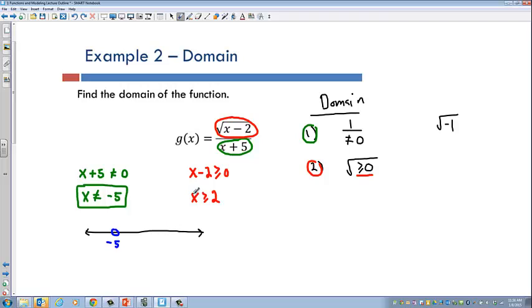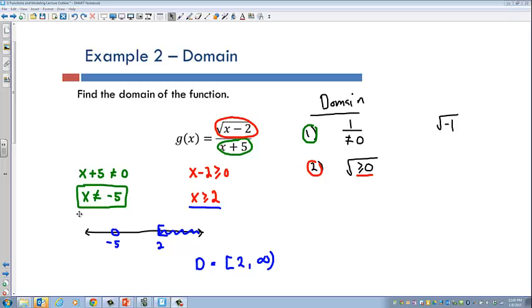And I know that x also has to be bigger than or equal to positive 2. So here's 2, and it's bigger than or equal to, so it's all the stuff on this side. So what I have for my domain is anything that's shaded in. This is shaded in, and I don't have that point, so it's actually just 2, comma, to infinity.